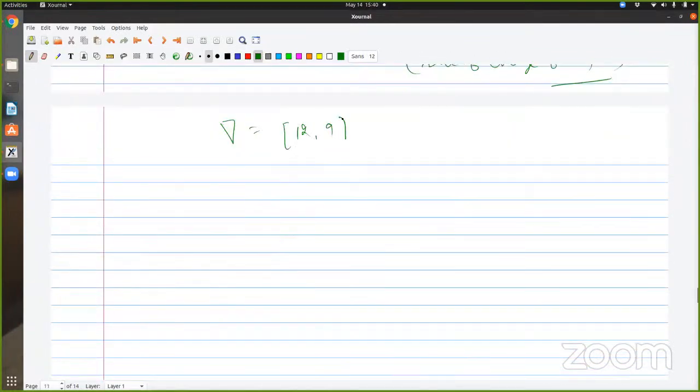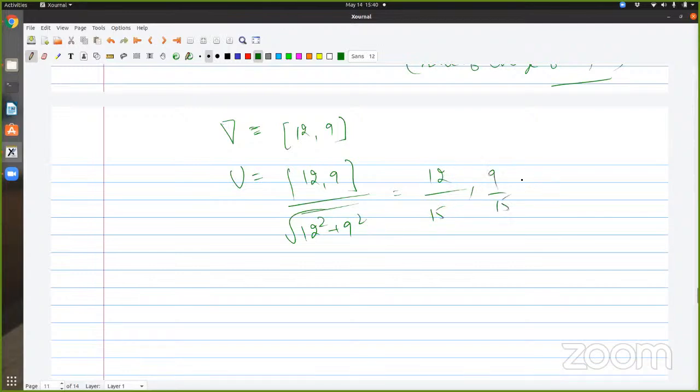It's a good idea to answer a direction in the form of a unit vector, so you convert it into unit vector form. Yeah, this is your answer.